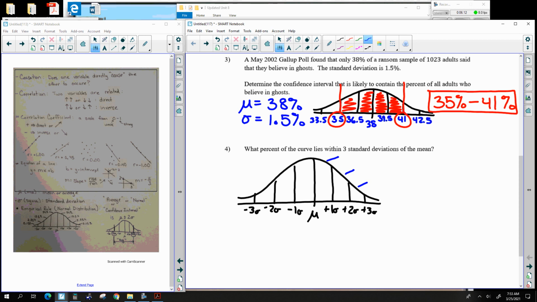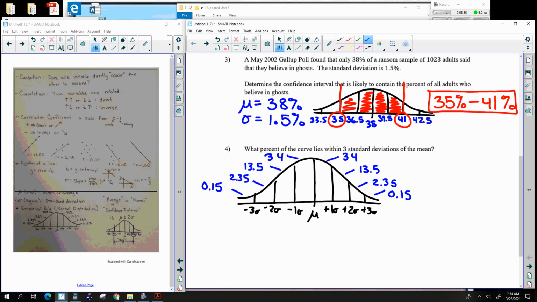These bars have various probabilities or percentages. The first one is 34, next one is 13.5, 2.35, and then 0.15. And then the same exists on the negative portion as well: 34, 13.5, 2.35, and 0.15.